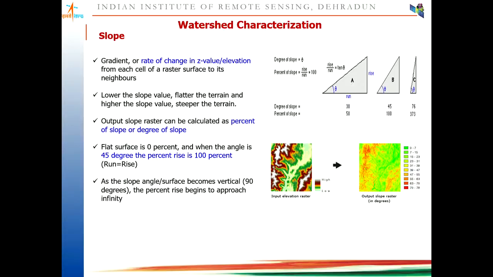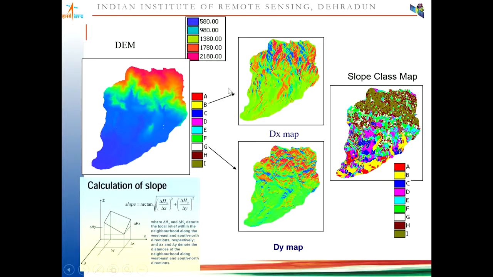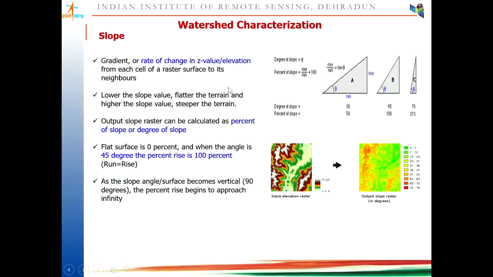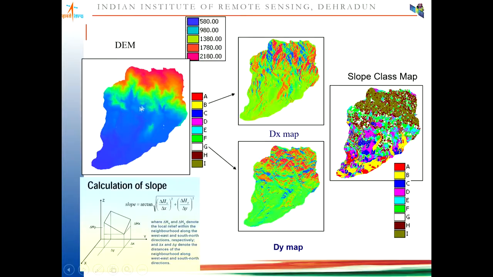Then, in the watershed we are interested to know about the slope parameter. How can we calculate slope? Actually, the algorithm calculates the difference in height or elevation in the x direction, so the dx map.